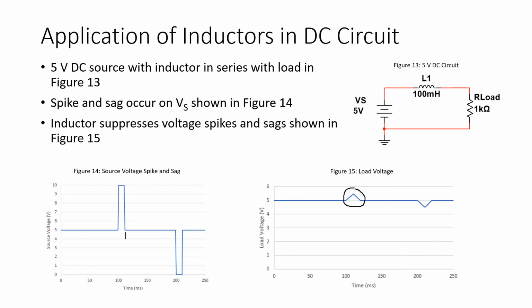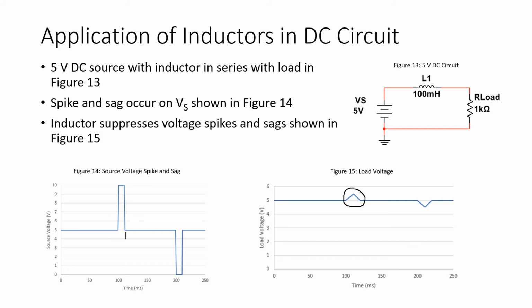What the inductor does is smooth out that voltage spike as shown. So a 5 volt spike only causes approximately a 0.5 volt increase in the load voltage.